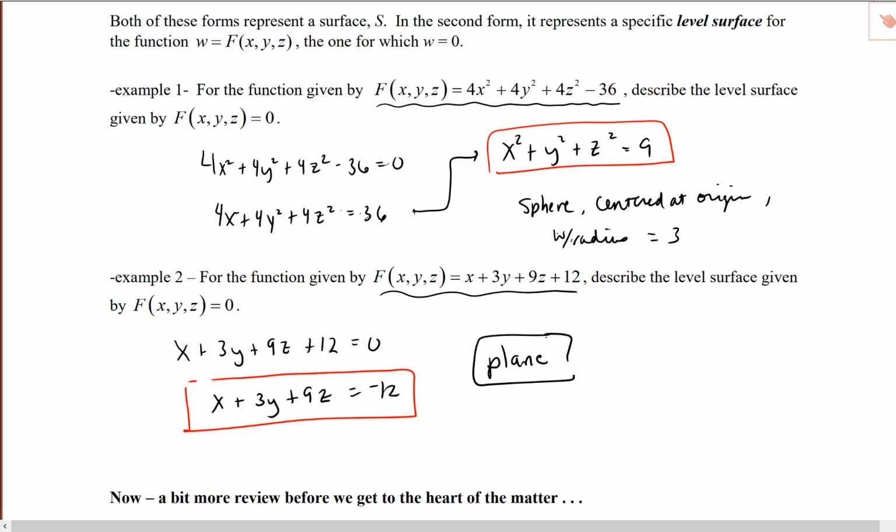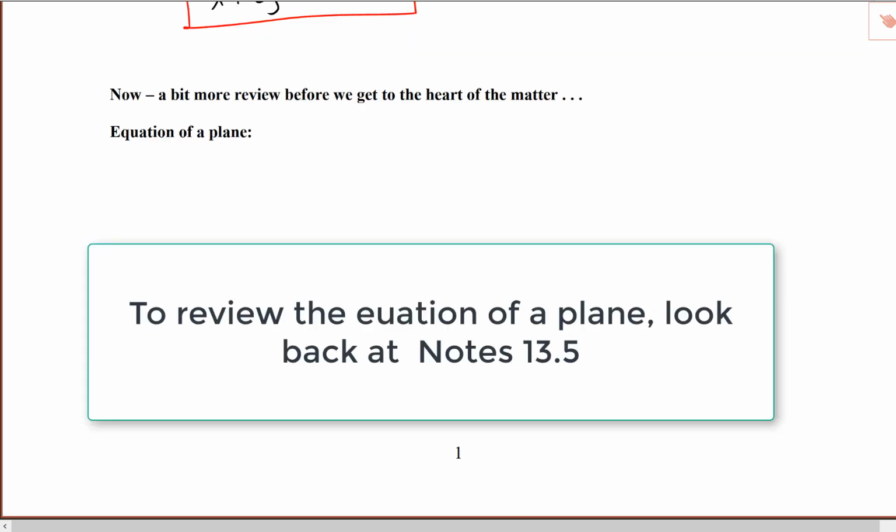All right, a bit more review before we get to the new material. Back in Chapter 13, we learned to write the equation of a plane.